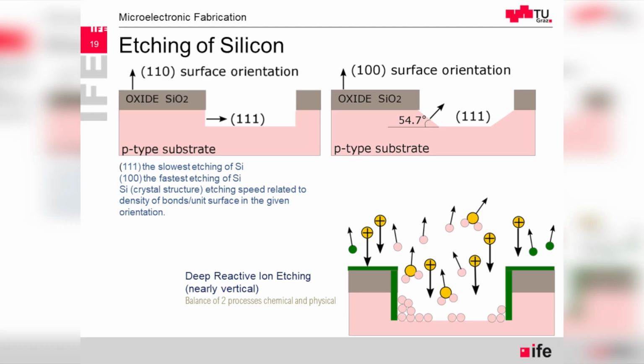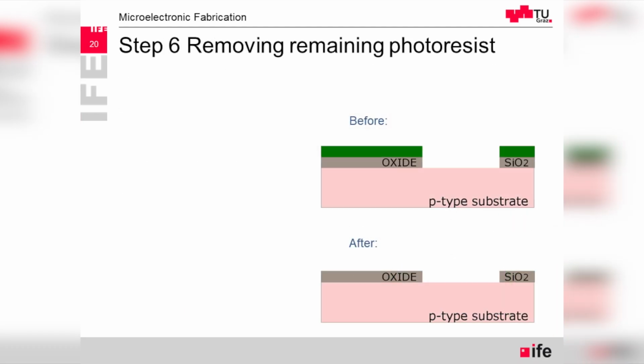So at the same time we have the directional bombardment, but also the protection of the sides, so that's to make the process even more directional. And after etching, what we are left with is, this is done with wet etching, the simplest cheap possible thing for removing the masking layer of silicon dioxide.